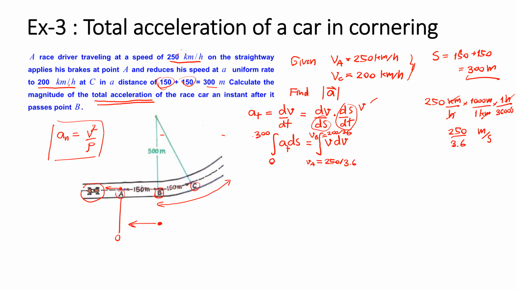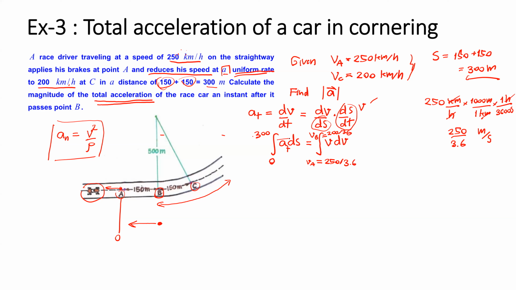So okay, they said that they reduce the speed at a uniform rate. What does it mean by this sentence? Reduce the speed at a uniform rate. So it means that the tangential acceleration is constant, right? Because they reduce the speed at a uniform rate.